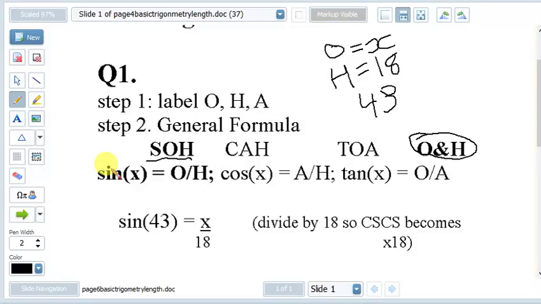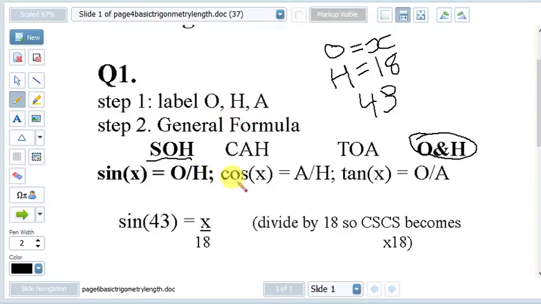So it's sine of the angle equals O over H. The angle is 43, and the angle always goes with the sine, or the cos or the tan. Next, we substitute our opposite, which is x, in for O, and we substitute our 18 in for H.